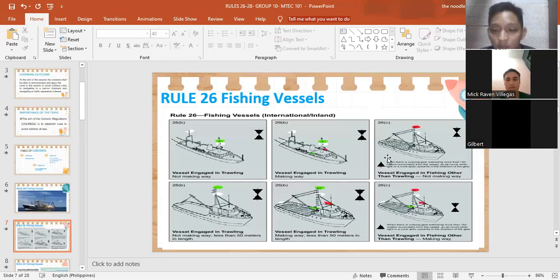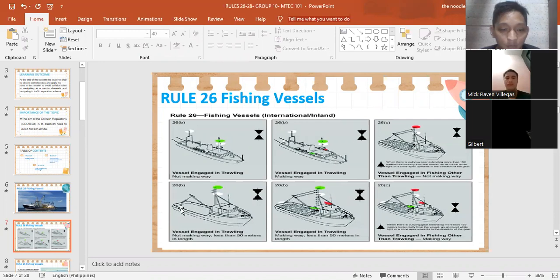The next one is a vessel engaged in fishing other than trawling and not making way. It has a red round light above a white light, and it has the same apex shape. This is subparagraph C.